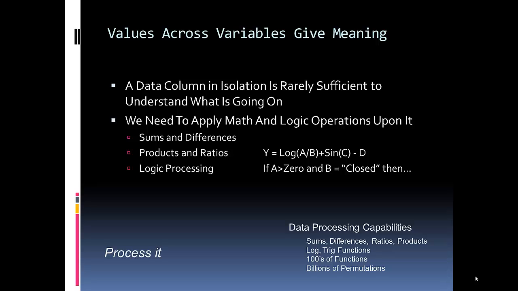So we need to be able to apply math and logic operations upon it, such as sums and differences and products and ratios and logic processing, and y equals the log of a over b plus the sine of c minus d. If a is greater than 0 and b equals closed, then some other result. So we provide sums and differences, ratios, products, log, trig functions, hundreds of functions and billions of permutations to create an engineered data handling solution.